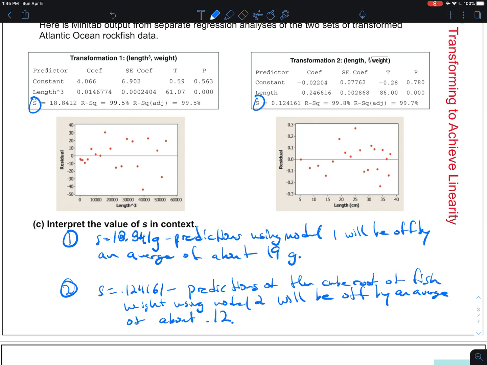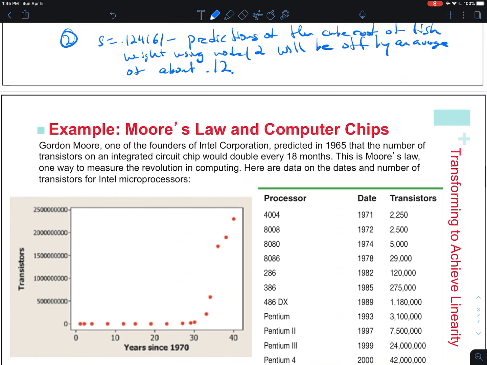And again, that's the cube root prediction. So you'll undo that by cubing it at the end.